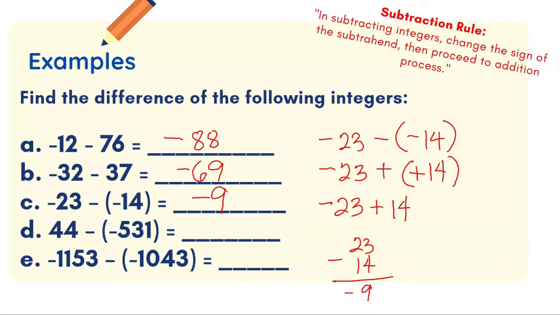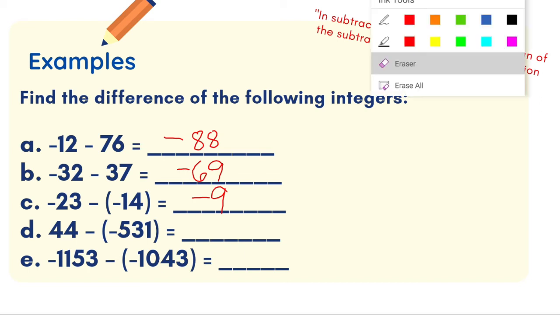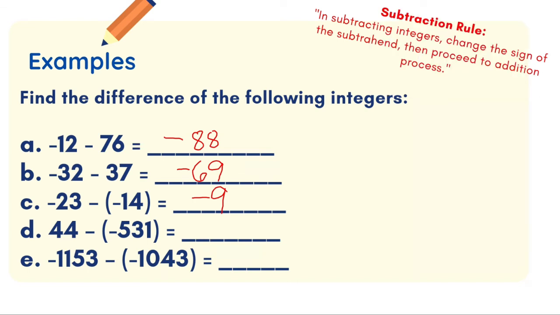Let's try to answer letter D. Sa letter D, meron tayo ditong 44 minus negative 531.